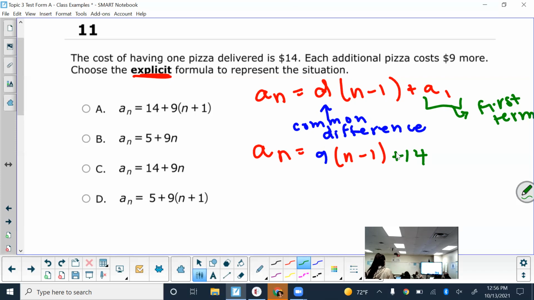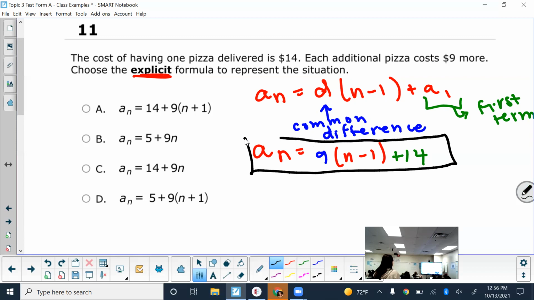So here's what I have for my answer so far. Does this match any of the answer options? No. It does not. It looks close to A, but it's supposed to be n minus 1, not n plus 1. So it can't be A, it can't be D either, because again, it's n plus 1 and it should be n minus 1.